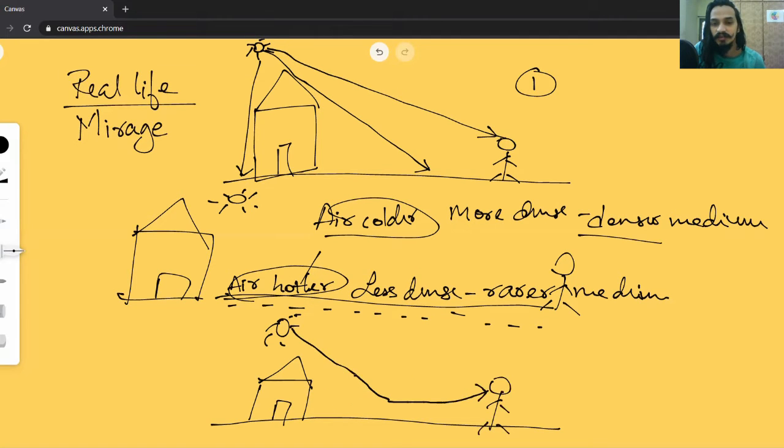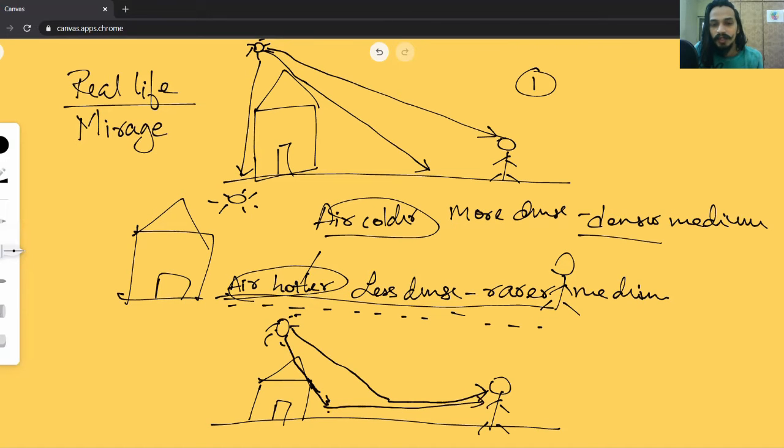Within this medium itself, the light is going to bend and go towards the observer. It does not go straight down anymore. Some part of the light is going to bend and some also goes down, but the difference is majorly because of the light that is bending. Now imagine there's another light that is touching the house and going through, but that also bends and goes to the observer.